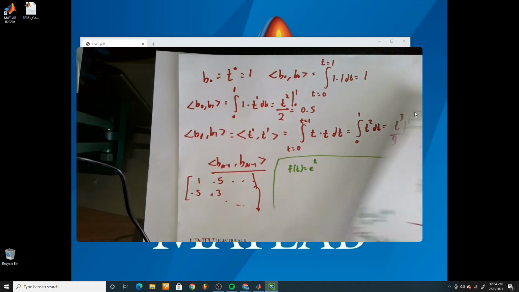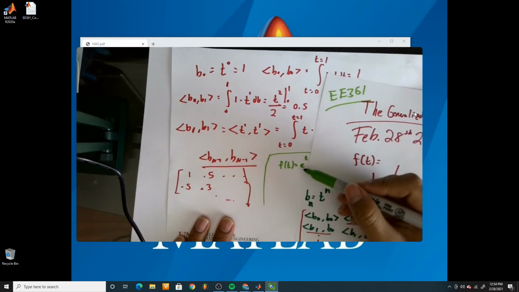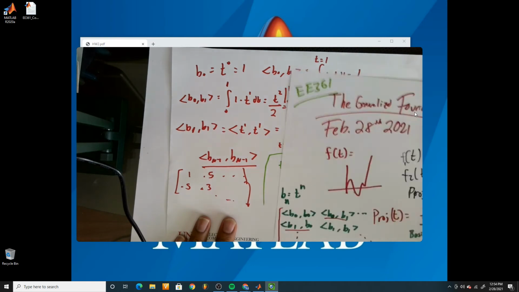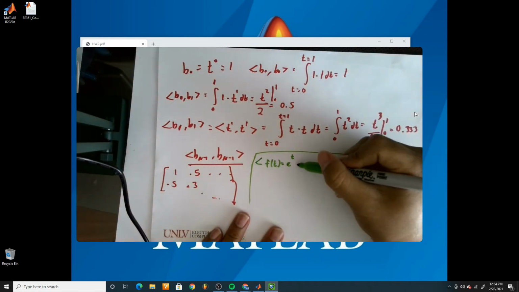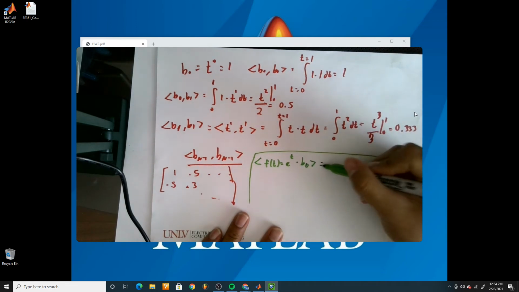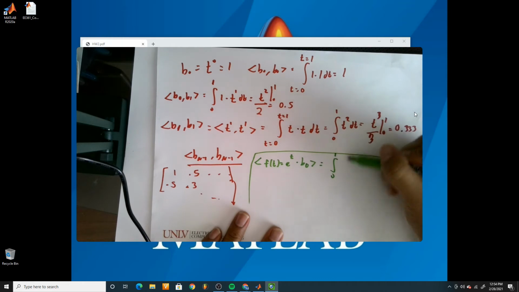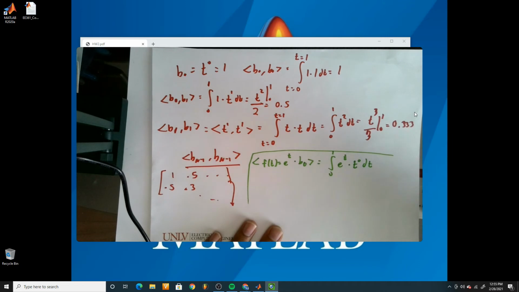That is our unknown signal. And you need to dot product this with your first basis function, 0, which is basically the integral from 0 to 1 of the function itself, e of t, times t of 0, dt. And you just do this all the way down and you'll get your numbers.